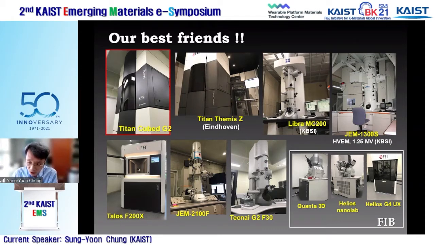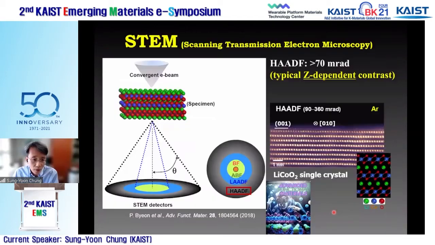We also use the focused ion beam facility to prepare our samples, because some of our samples are thin films, and FIB is very necessary to prepare them more efficiently.